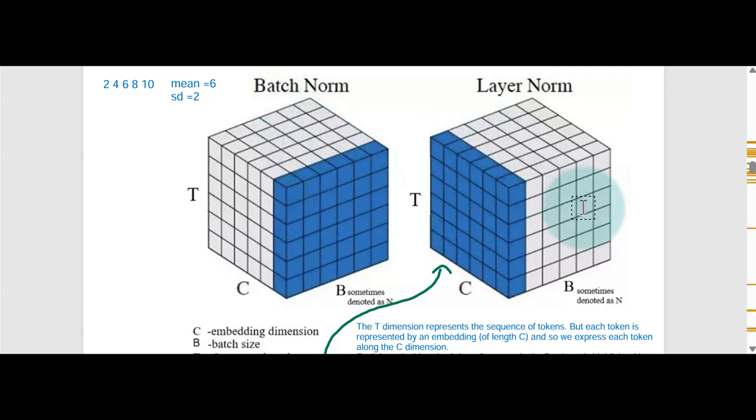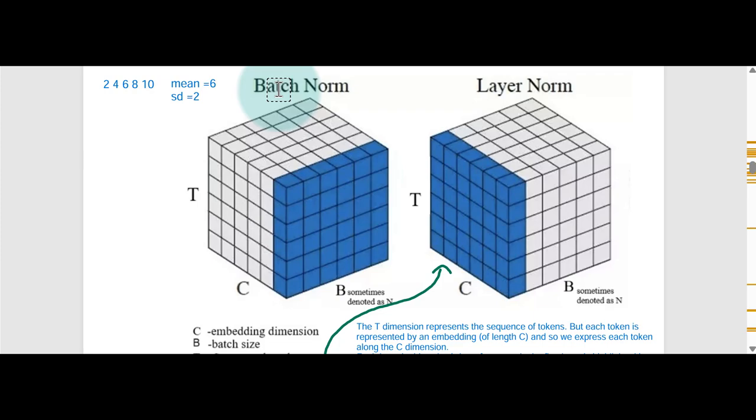Now, I'll say it again, we have to decide what we're going to calculate the mean of. We don't do it for the whole cube. That's not what we're doing. There are some reasons for why we choose to do one way or the other, and I'm not really familiar with them, so you should look it up and see the use cases for batch norm versus layer norm.